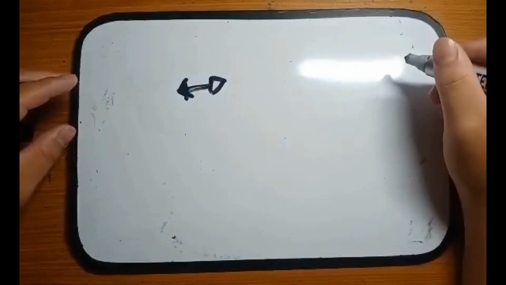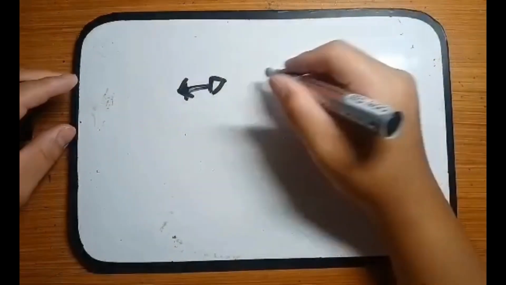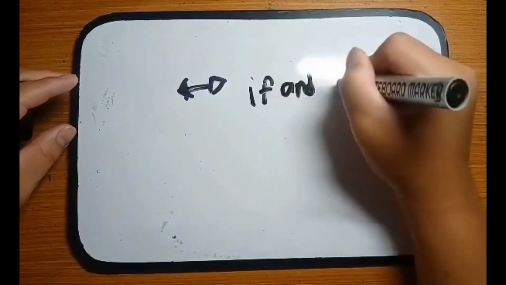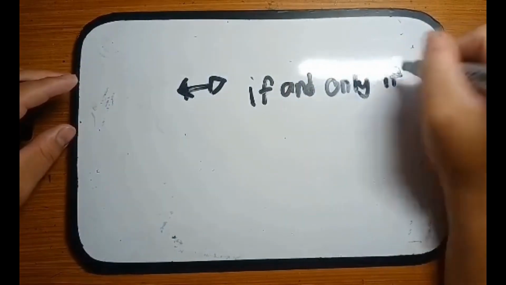Double-headed arrow is used in biconditional propositional logic, or "if and only if" statement.